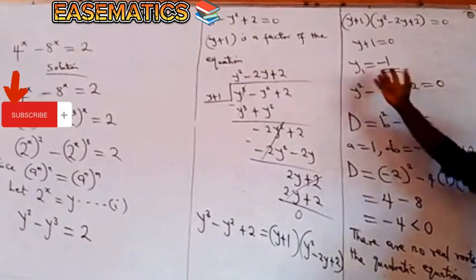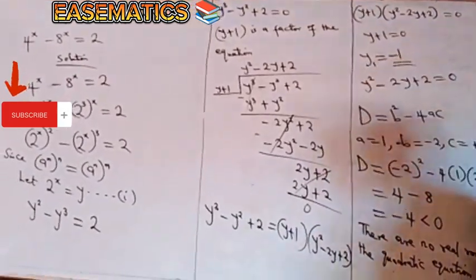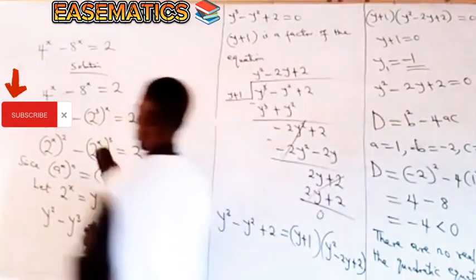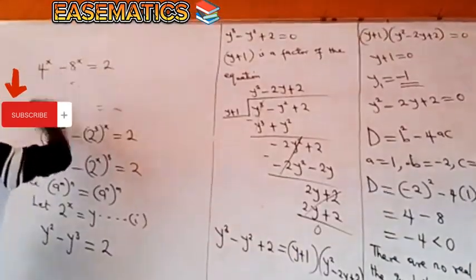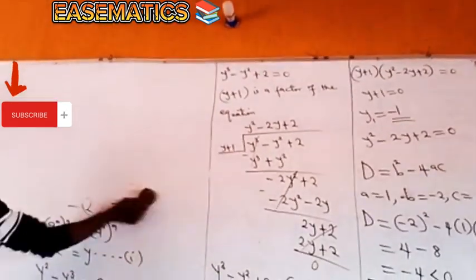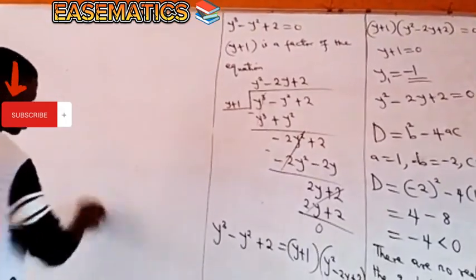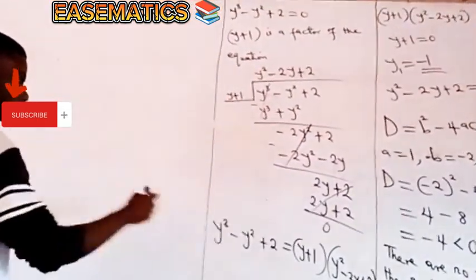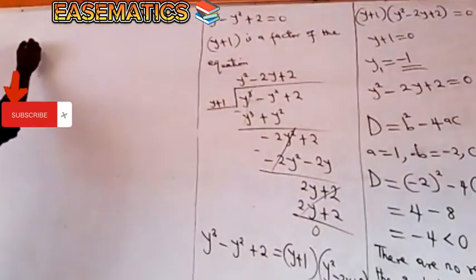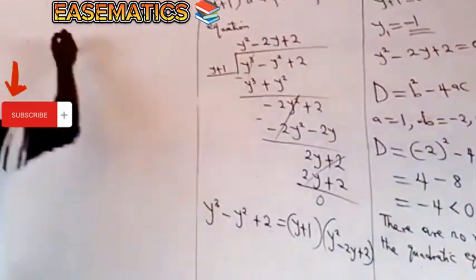So let us just take y1, which is equal to minus 1. Okay, so we are now taking y to be equal to minus 1.